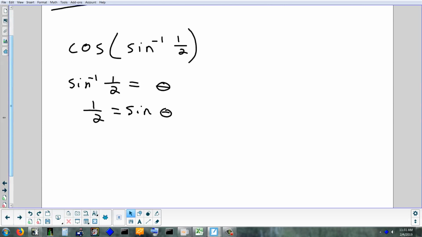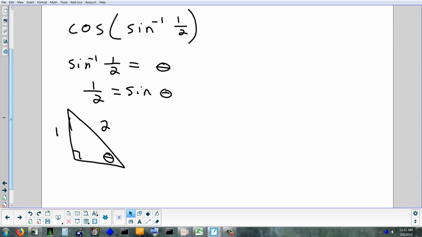Now, these two numbers are telling you directly the length of two sides in this diagram. Put your theta somewhere in the diagram. The top number is the opposite. The bottom number? Hypotenuse. 1, 2. So it's just like what we did before, except now we do the Pythagorean Theorem. There's no letters. So now Pythagorean Theorem to get the last side.